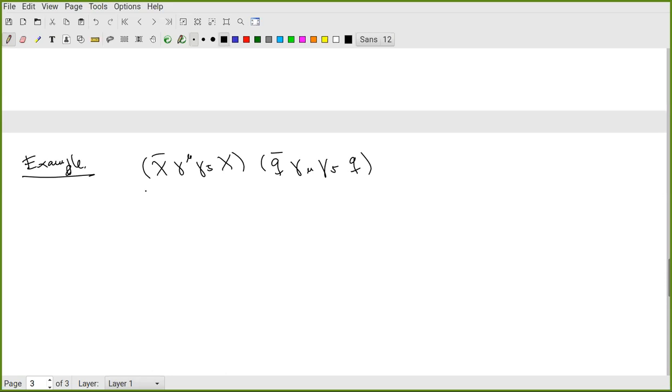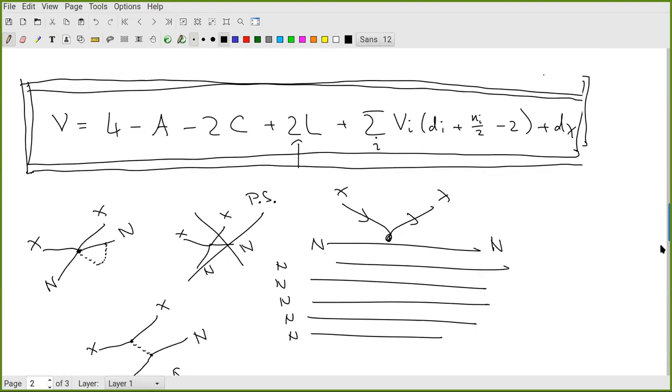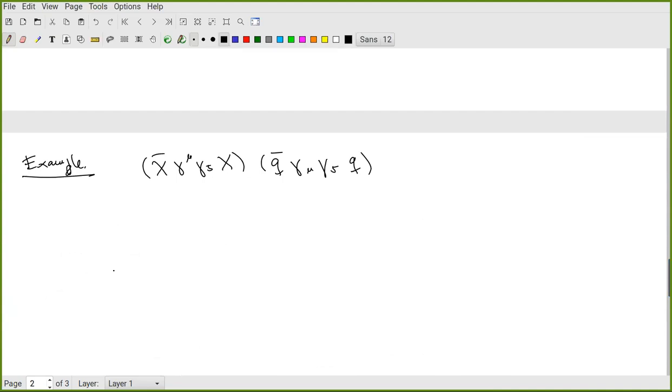This would be the leading interaction if you have a Majorana dark matter particle, like a neutralino or something in SUSY. It doesn't have vector interactions, so it can only have axial vector interactions. If you do the same analysis using this power counting formula for this interaction, you will see the following.